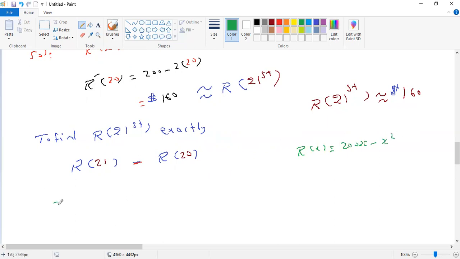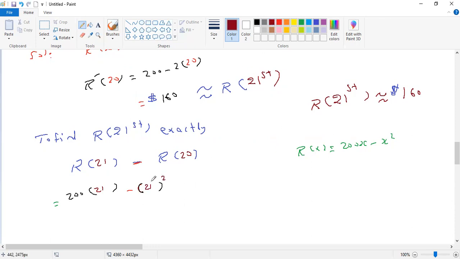So R of 21 will be 200 times 21 minus 21 squared.